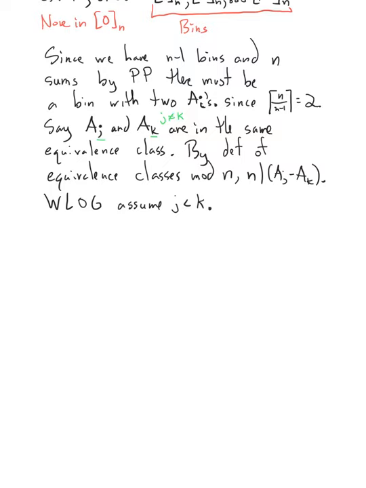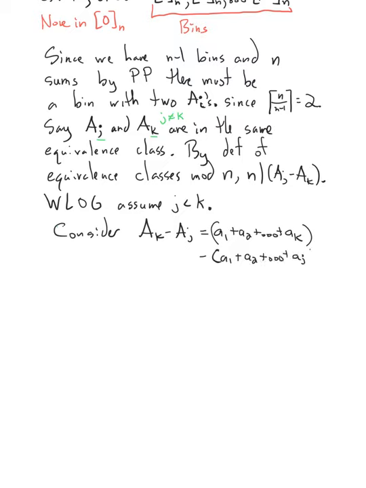So let's consider AK minus AJ. So that's going to be all the numbers A1 plus A2 all the way up to AK, minus all the numbers A1 plus A2 all the way to AJ.